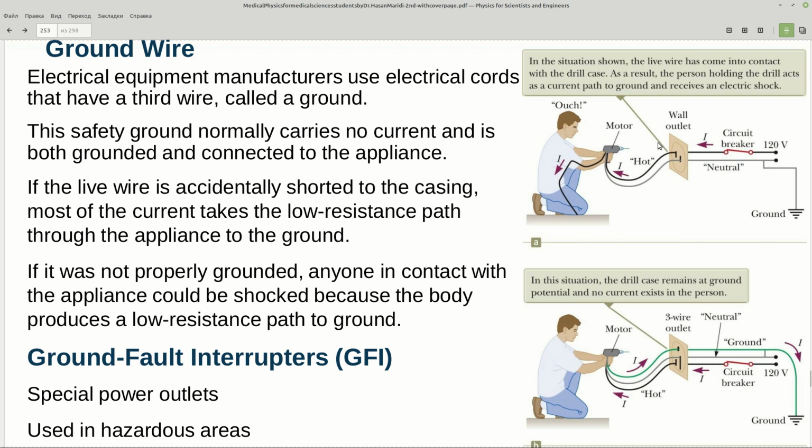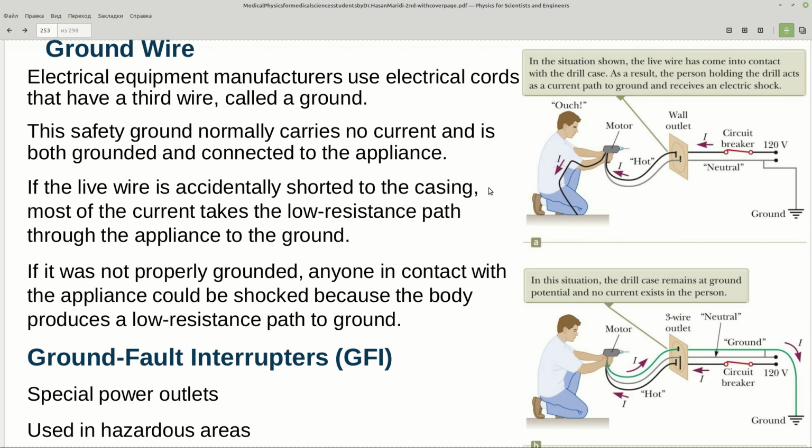But if we have the third wire outlet and we have the ground, it's the rule of safety. We have the ground wire, it's the lower way for the current going to ground.